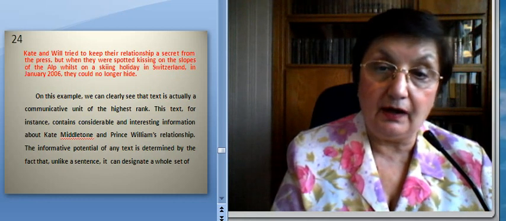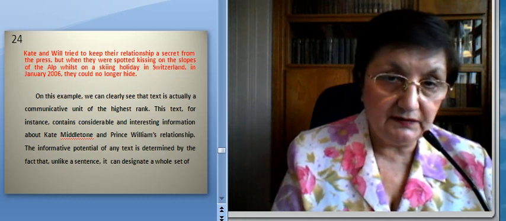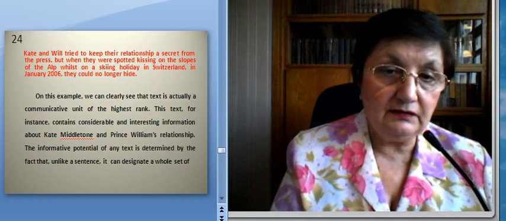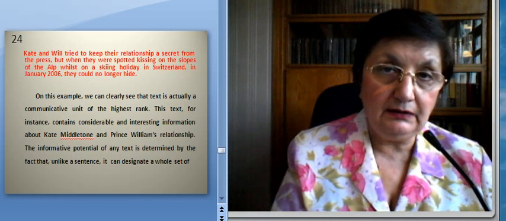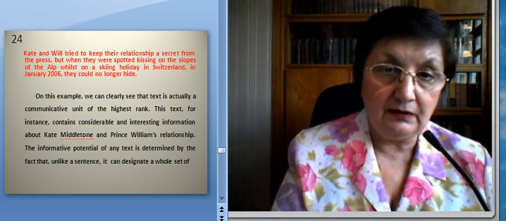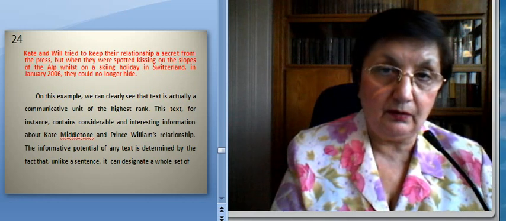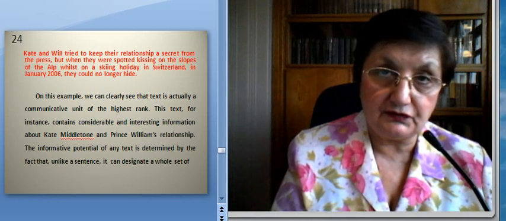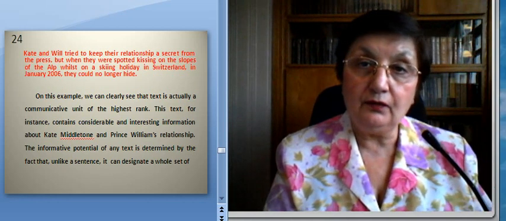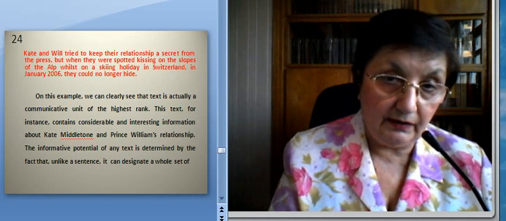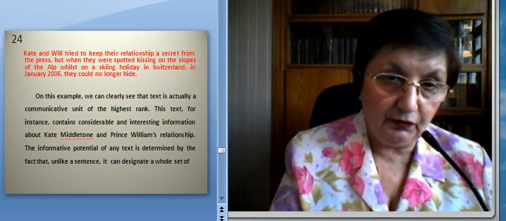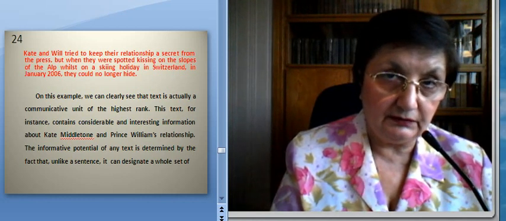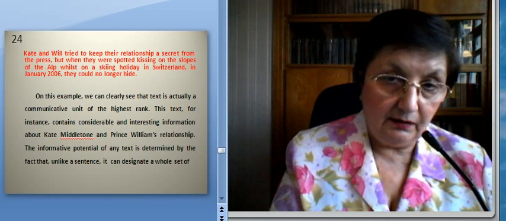The informative potential of any text is determined by the fact that, unlike a sentence, it can designate a whole set of extralinguistic events or situations which constitute the target, that's referential space, of the given text.